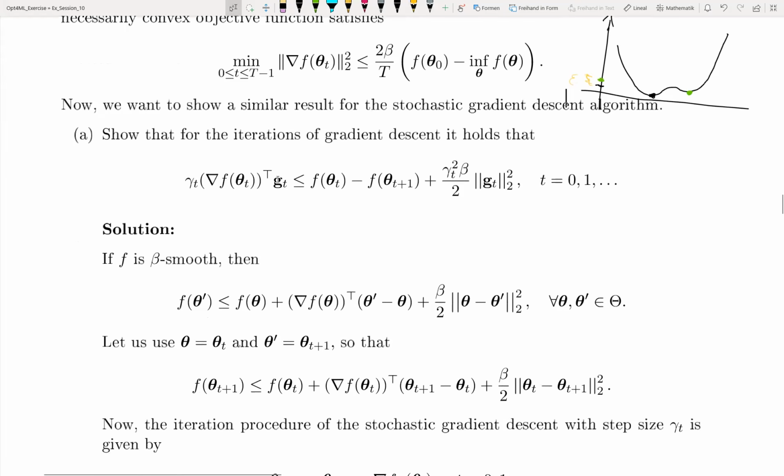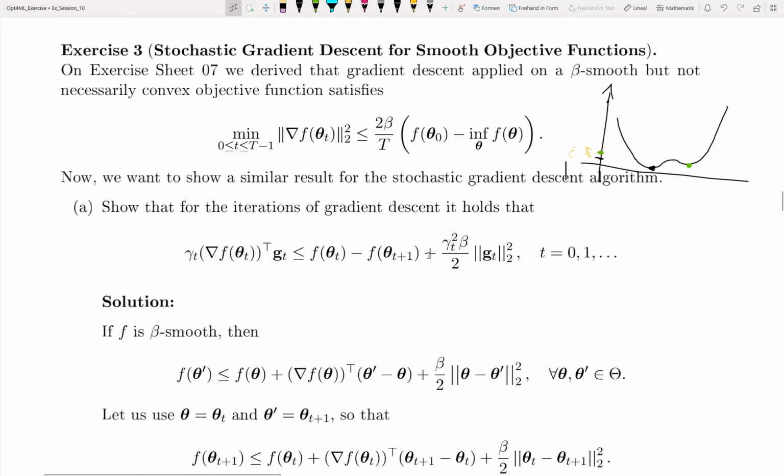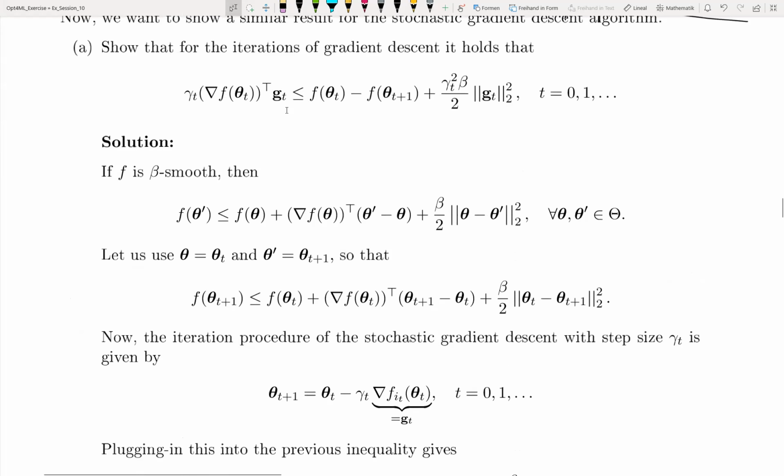And the first thing we want to show is this inequality here. So at first sight, perhaps not quite obvious where this is coming from, but if you have looked into the exercise sheet number 7, you would have seen, well, this is nothing else than rewriting the beta smoothness condition where we use, instead of the full gradient, the stochastic gradient.